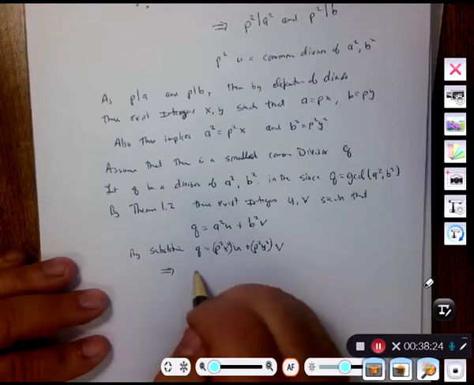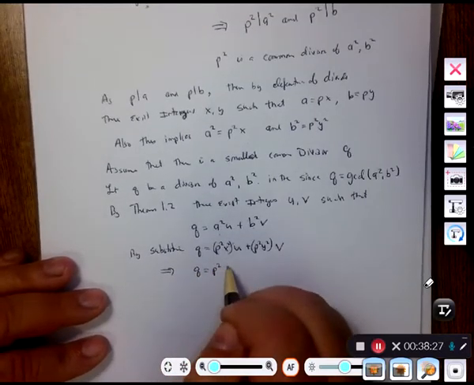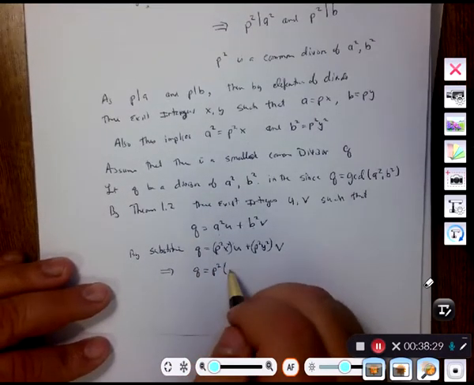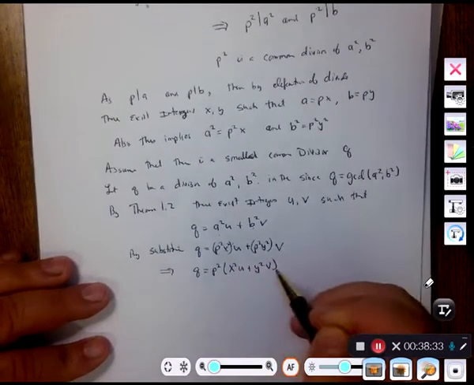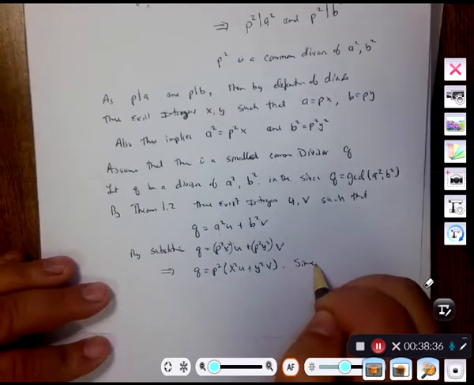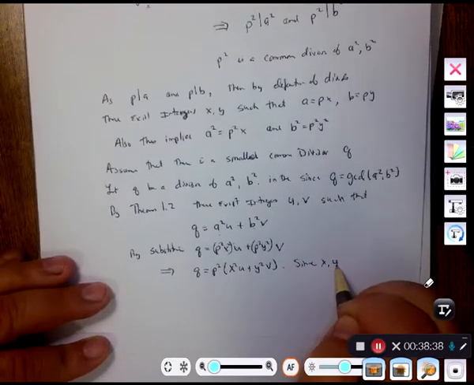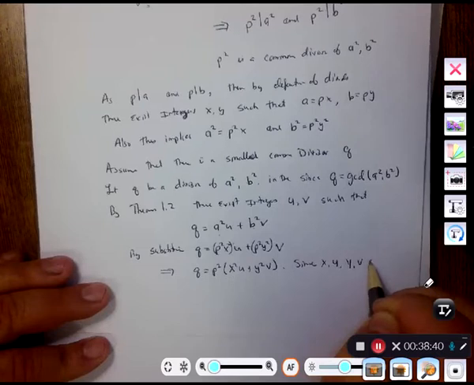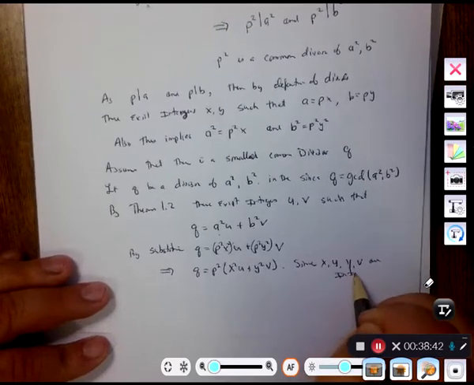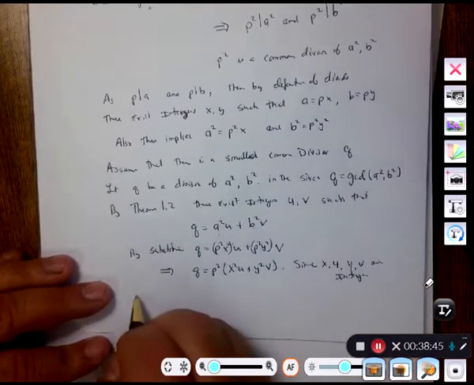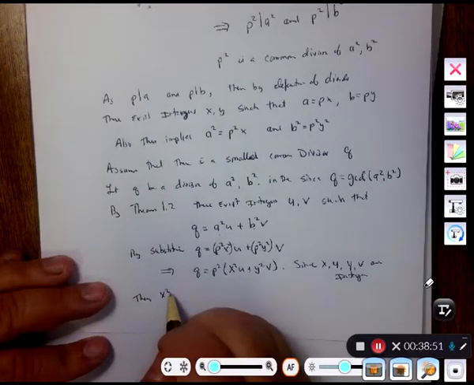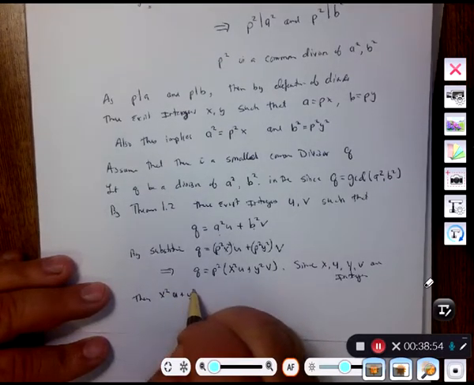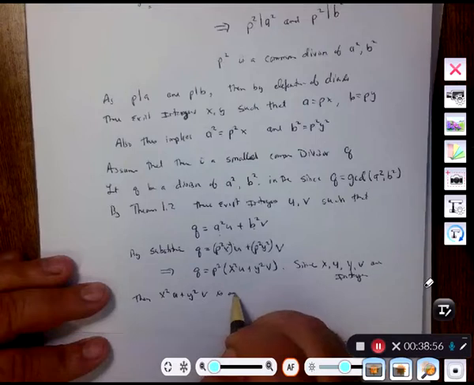Well, that will imply that Q is equal to p squared times (x squared u plus y squared v). Well, since x, u, y, and v are integers, then x squared u plus y squared v is an integer.